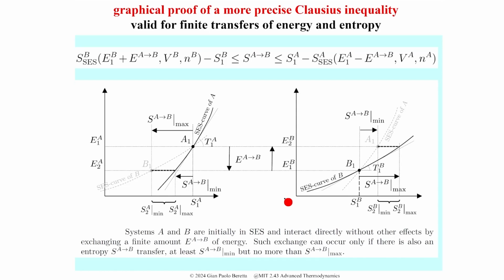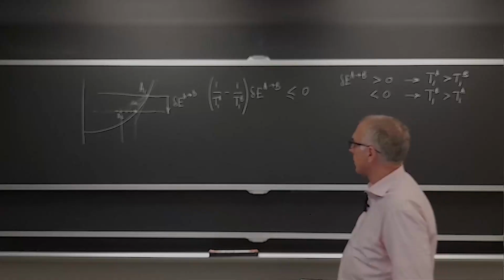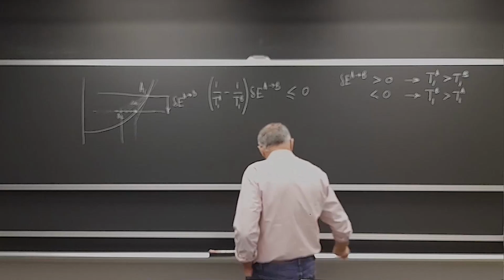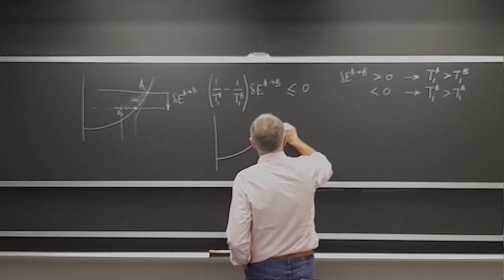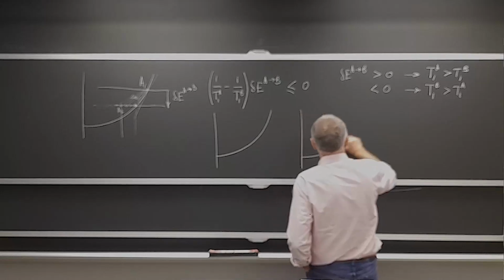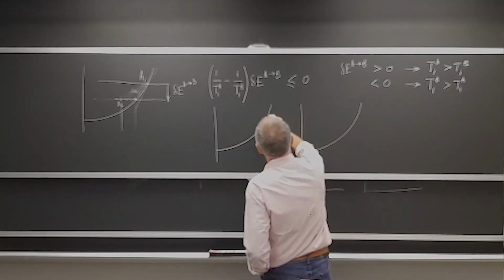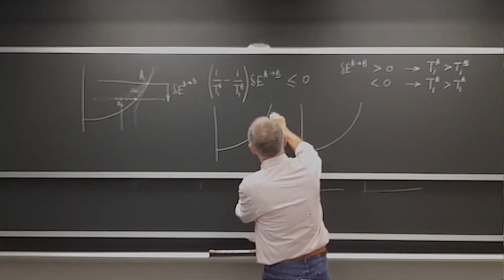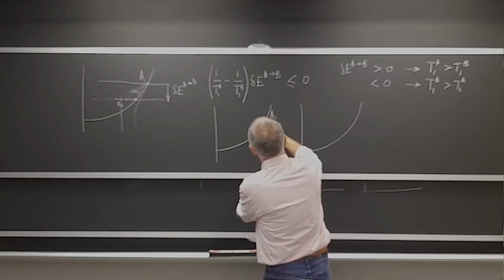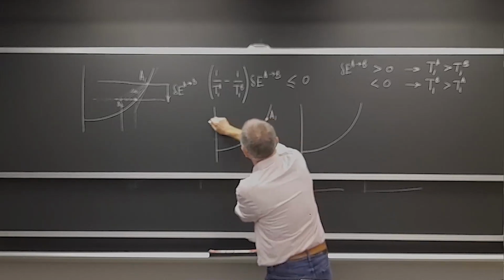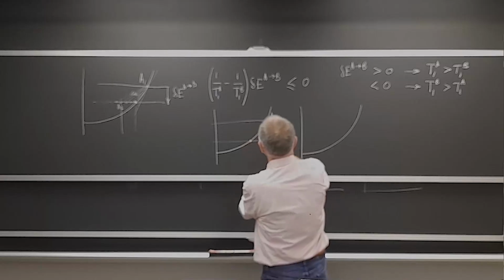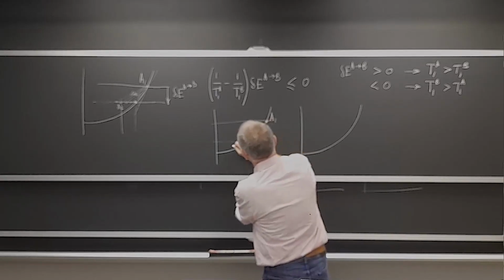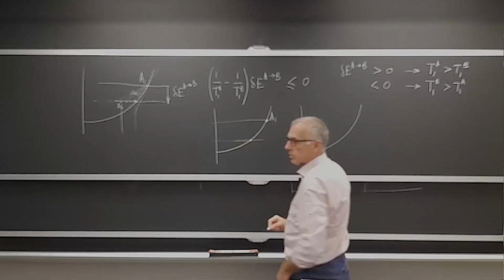Well, finite amount of energy, again, we can reason this way. I'm starting from system A in state A1, and I want to extract this much energy. So as I said, it could go in any of these states.